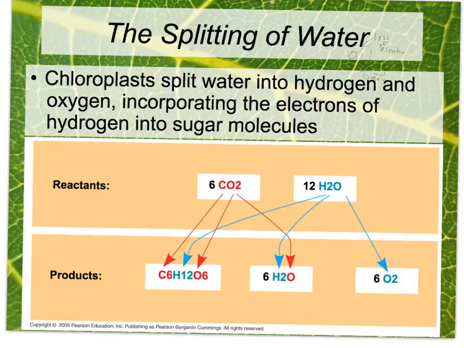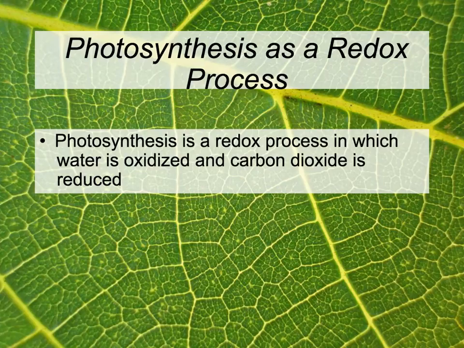Carbon dioxide, the oxygen here is being reduced, whereas the O2 is being oxidized down to this oxygen here, so that splitting process. So looking at the reaction, the CO2 becomes reduced, the water becomes oxidized. Water is oxidized, carbon dioxide is reduced in this process.